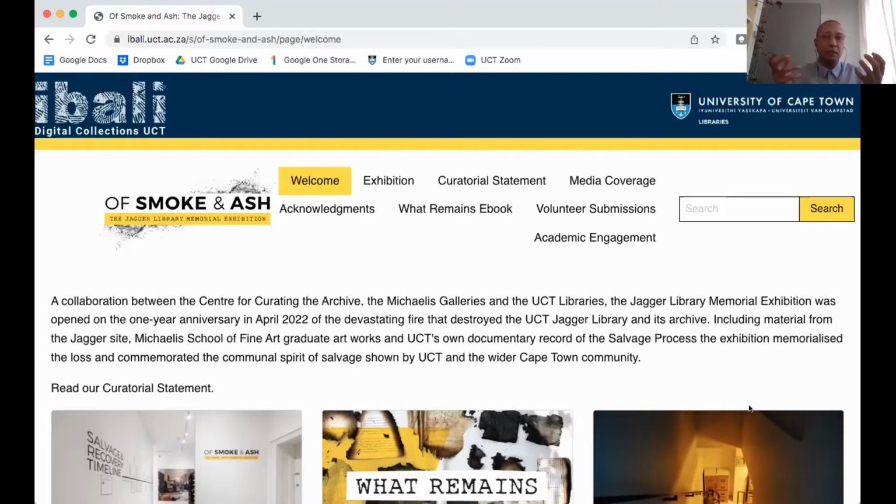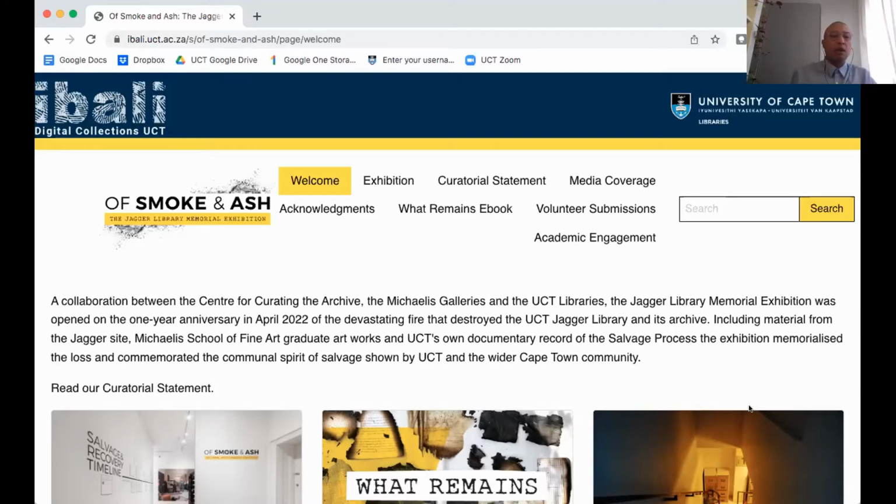So we have these two terms in tension here. On the one hand, we have the memorialization of the loss of the archive, but also the commemoration of the work of actually salvaging the materials. The exhibition, of course, was driven by a curatorial approach and a curatorial perspective.